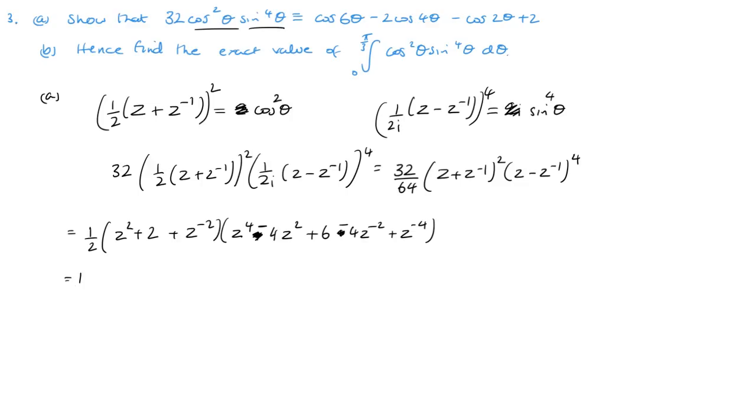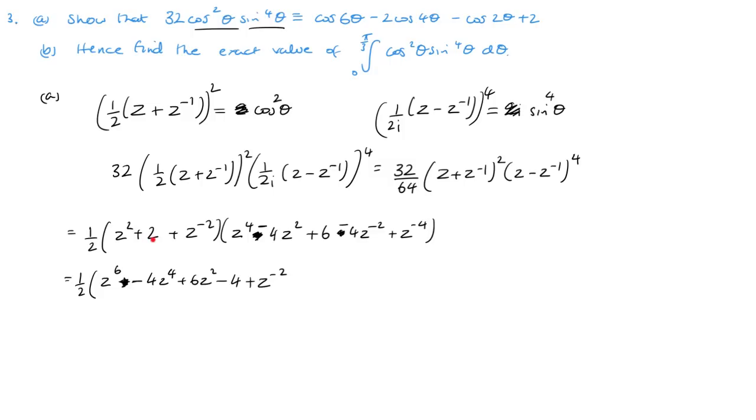Now I just multiply the two brackets. First I'm going to do z squared times everything in the right hand bracket. So that's going to become z to the 6 minus 4z to the 4 plus 6z squared minus 4 plus z to the minus 2.